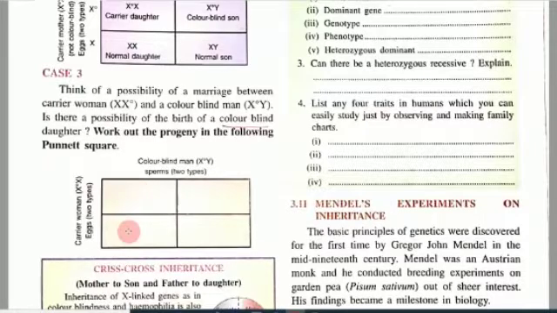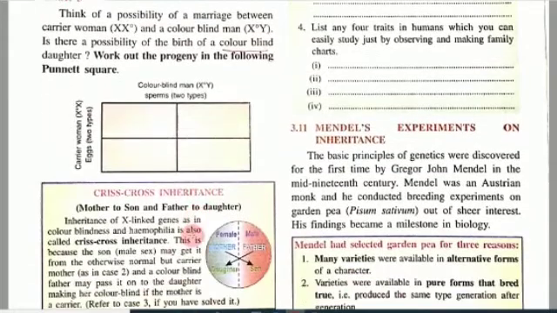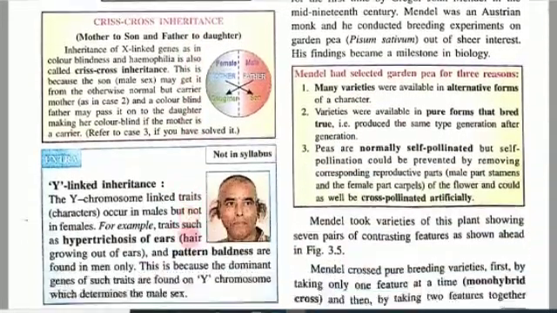The second column, X and Y, is a normal son. Then X dot and Y is a color blind son. The fourth column, X and Y, is a normal son. This is the third case.